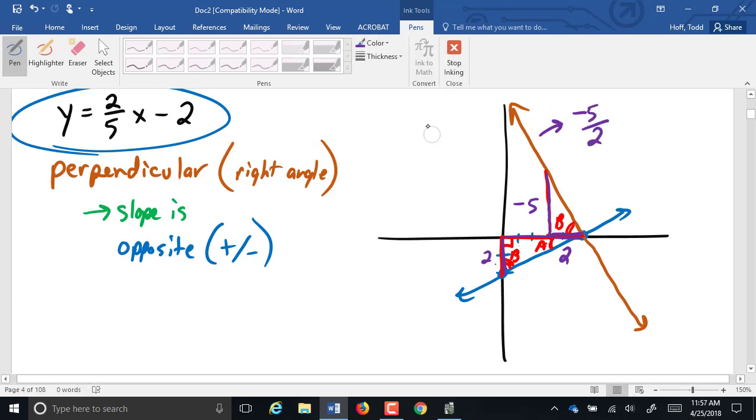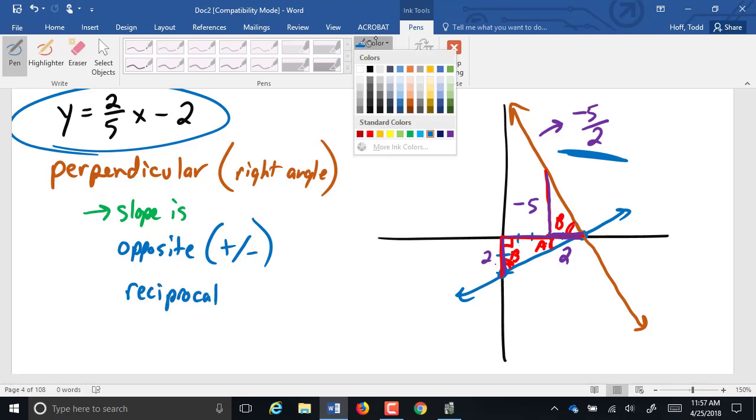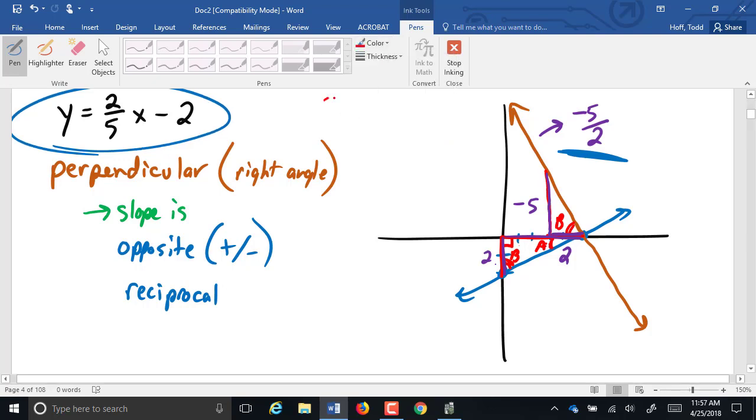The slope of that perpendicular is opposite: the original was positive, this one is negative. It's also reciprocal. The original line was 2/5. This is 5/2. We switched them, and of course, it's negative.